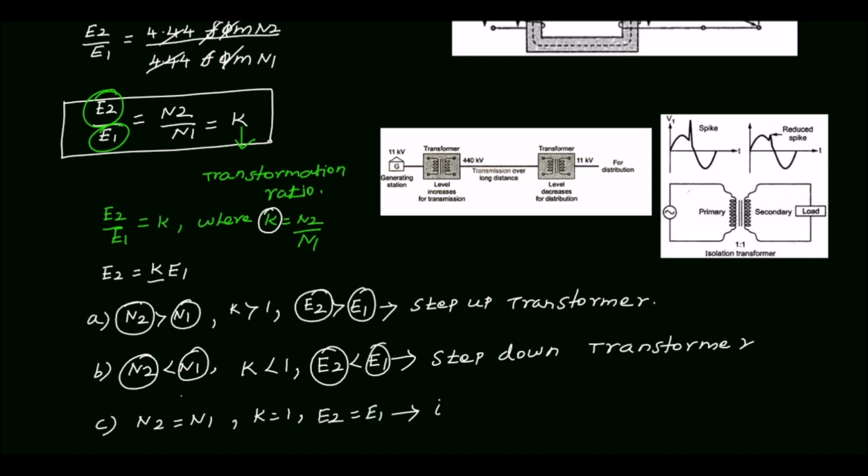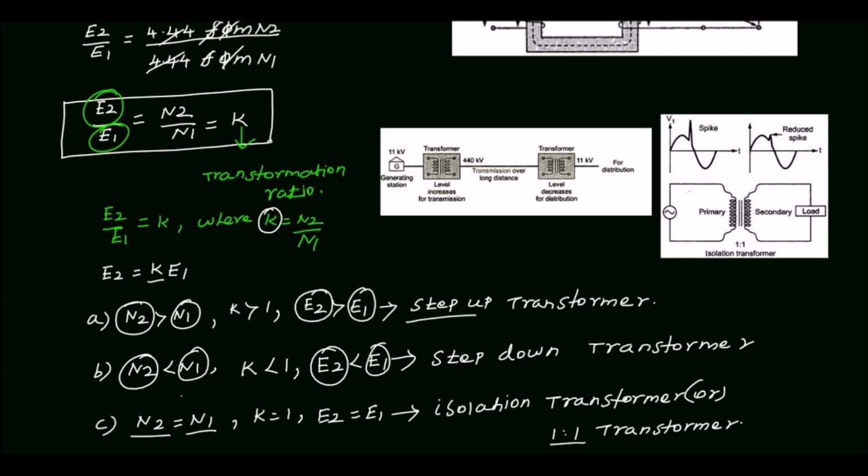So this is called an isolation transformer or 1:1 transformer, because the number of turns in the secondary and primary are equal. So the transformer can be a step up transformer, step down transformer or isolation transformer.